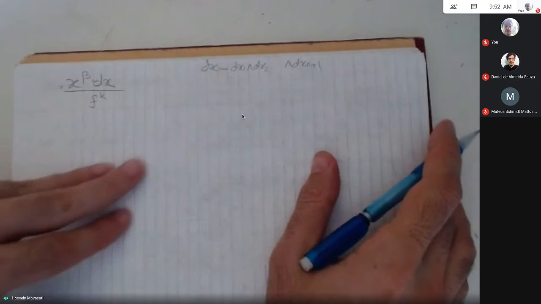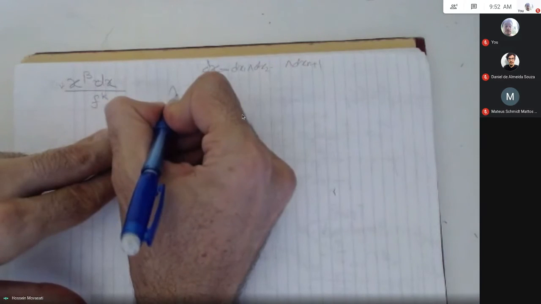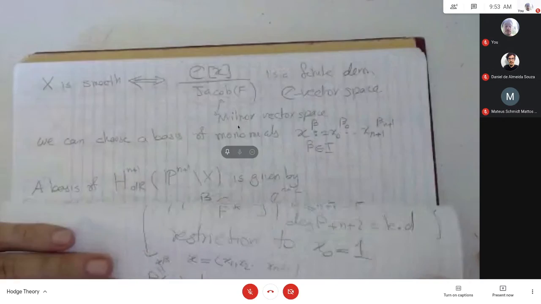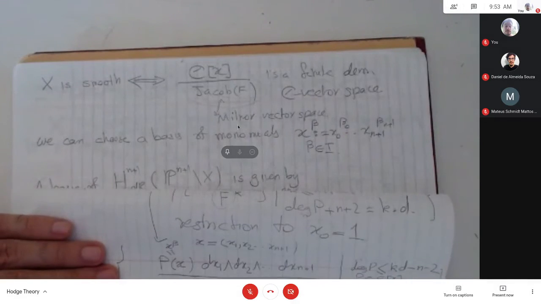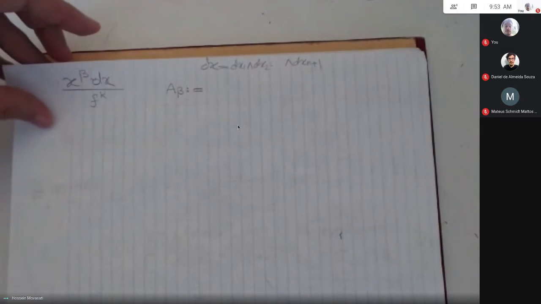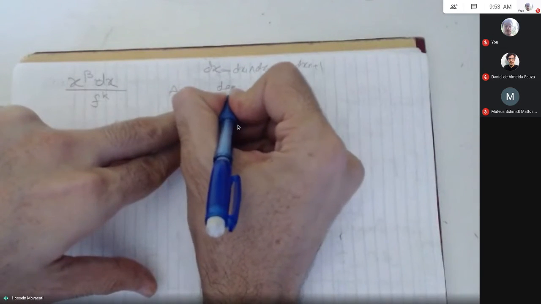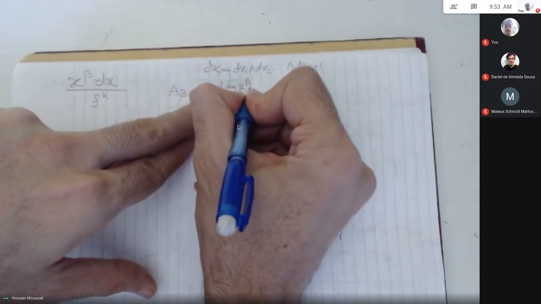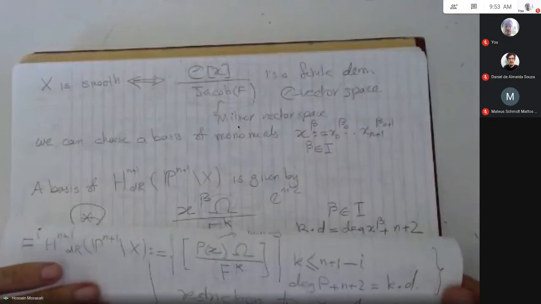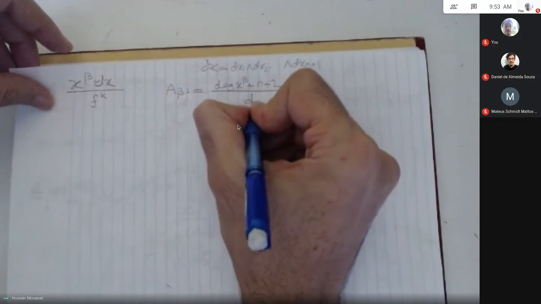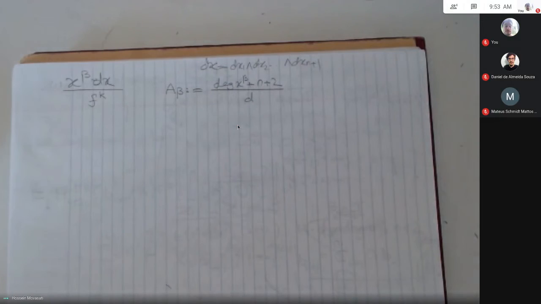In order to put in the notation of my book, a beta, I will define it as, let me see, in this context, a beta will be degree x beta plus n plus 2 divided by d.